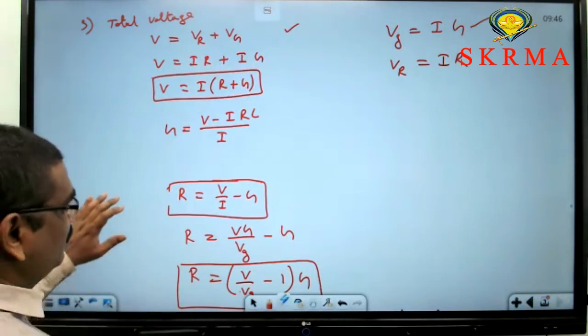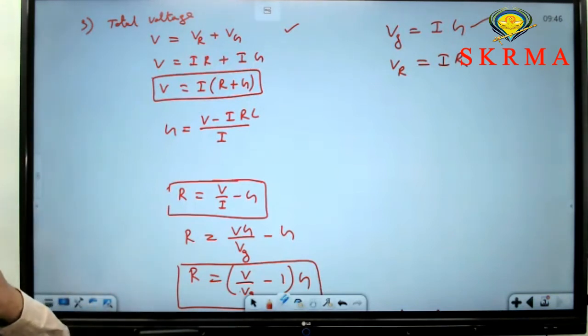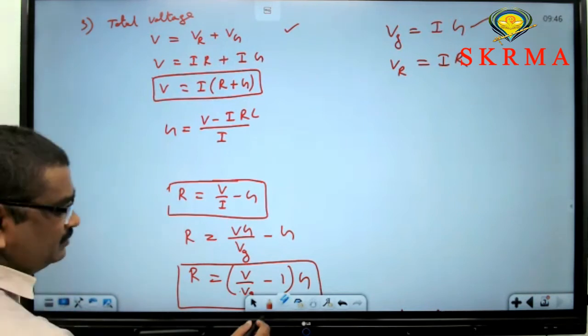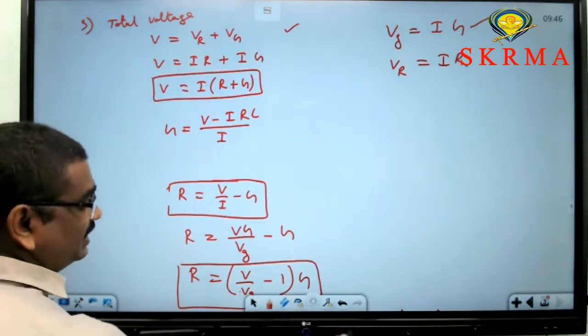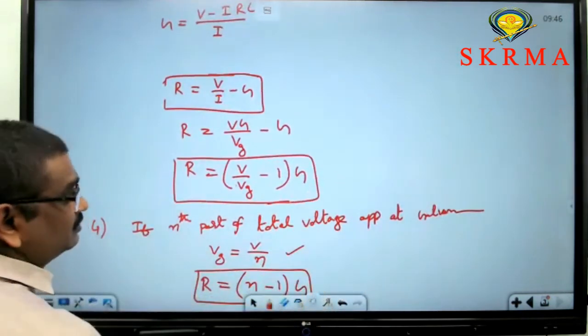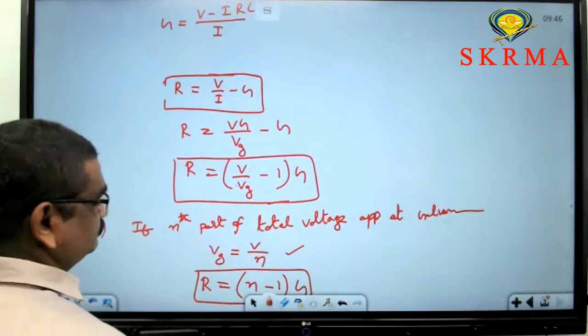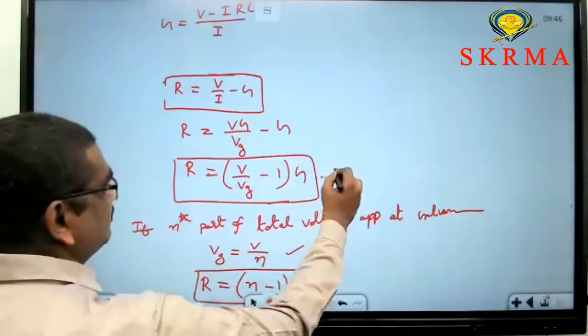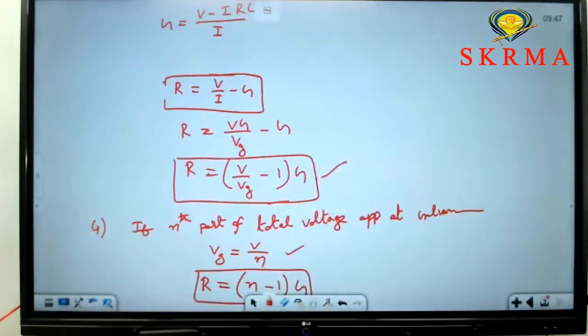Now, V by I minus G is there. Can you write the same equation in terms of voltages only? This is the equation of the resistance in terms of voltages: R equal to V by Vg minus 1, into G. Next, last point.